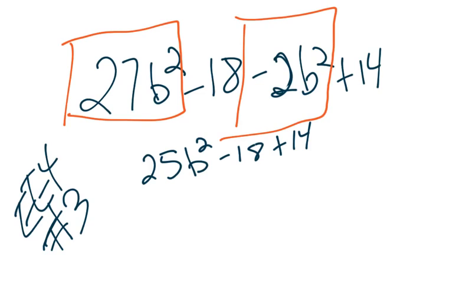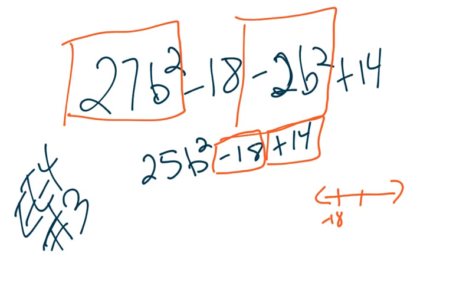Okay, so now what I'm going to combine is negative 18 and plus 14. Okay, so negative 18 plus 14, if you had a number line, and if you were at negative 18, you would have to go 18 spots, right, to get to 0. Well, you only have 14 here. So that's going to take you to negative 4.